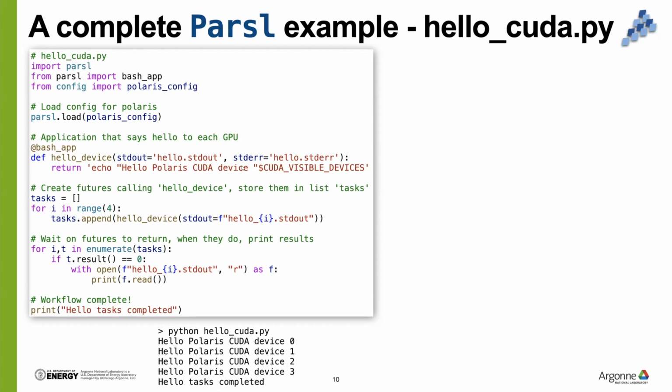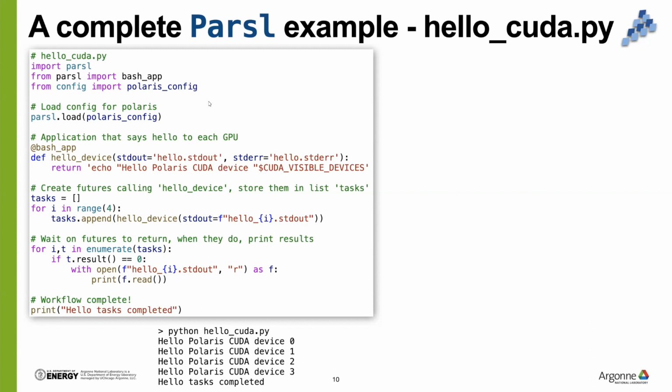So if you have a GPU enabled program that uses CUDA and relies on CUDA visible devices to pin work to GPUs, you could, for example, slot this into an app that looks very much like this, and you can see how you can run an instance of that application on independent GPUs on a Polaris node using this example.